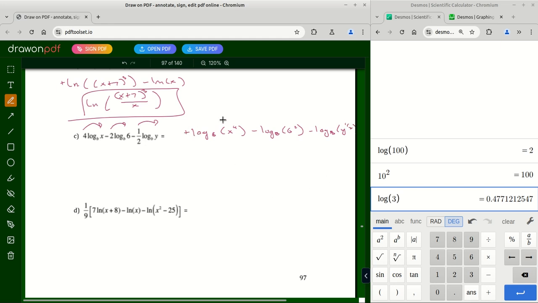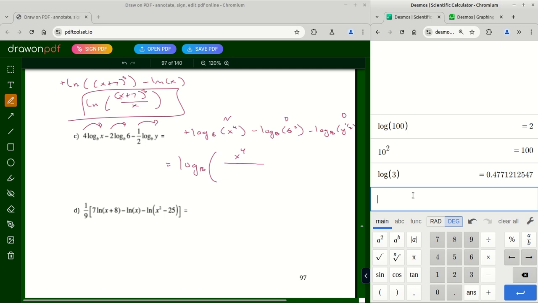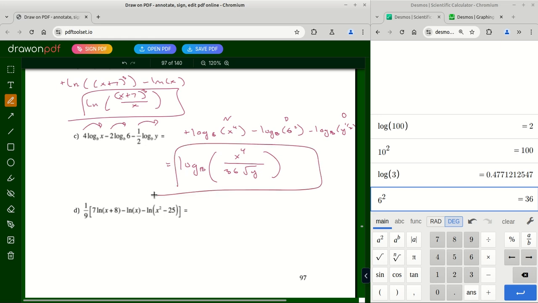So this is plus, so that's numerator, minus denominator, minus denominator. I can just mush them all together into a single log here. Numerator, what's 6 squared? And then finally, 1/2 power means a square root. Numerator, denominator, denominator. There you go. We did it.